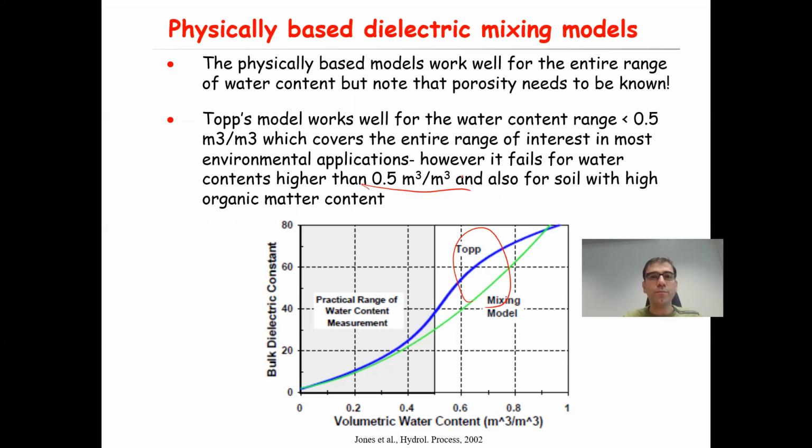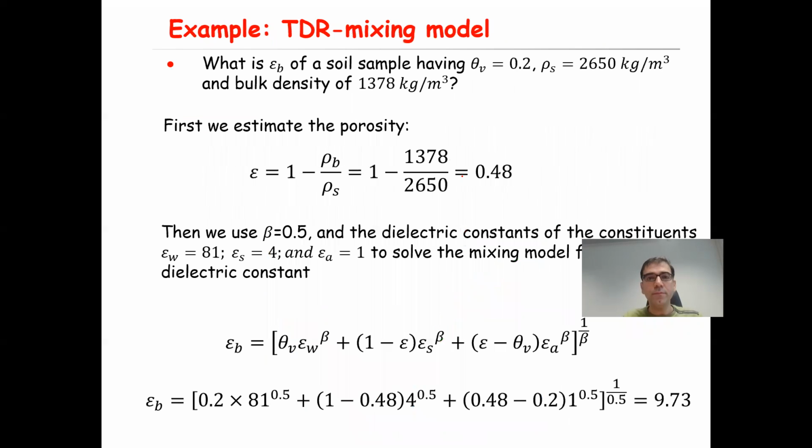Okay, so that was about the physically based dielectric mixing models and their performance compared to the TOPS equation, or better to say, the performance of the TOPS equation, the empirical equation, with respect to the physically based dielectric mixing model. Okay, so there's a simple example here.